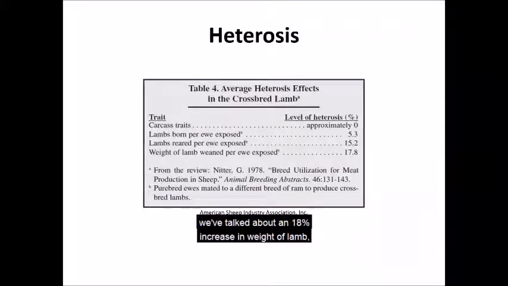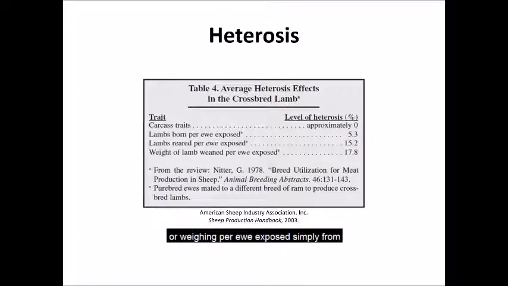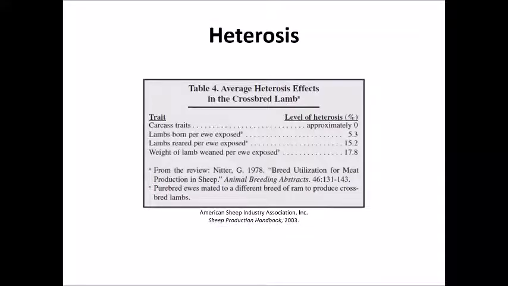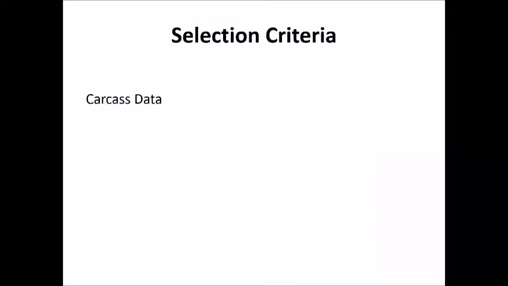Heterosis values, however, and we talked about an 18% increase in weight of lamb weaned per ewe exposed simply from that lamb being crossbred. The proportion of that that's attributable to carcass traits is approximately 0. Okay, there is not going to be a significant advantage gained in carcass traits from heterosis or from crossbreeding.